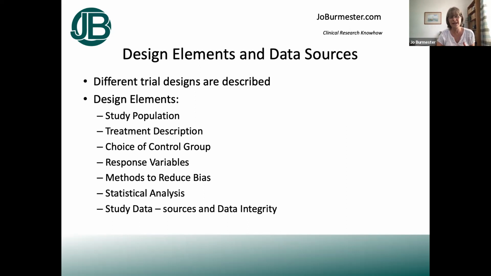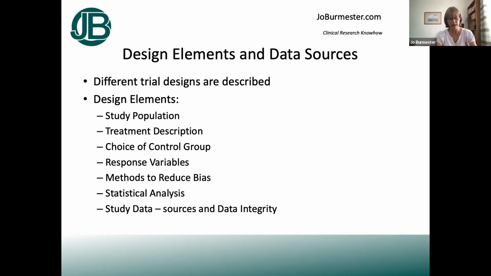Any interim analyses would also need to be scheduled up front, and things like independent data monitoring boards and how they're going to work. And then study data, looking at the sources of data and data integrity. So that's thinking about things like electronic case report forms, lab results, electronic patient reported outcomes and how they fit in, and the data integrity issues that there can be with those.